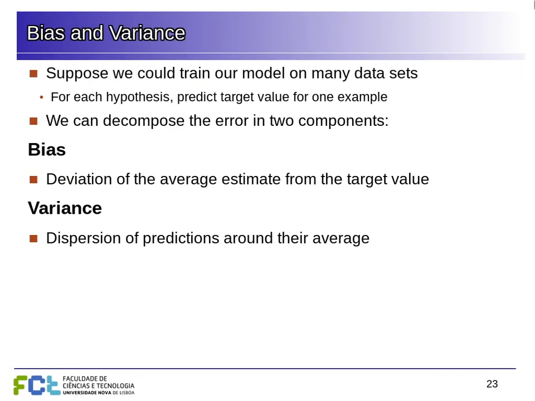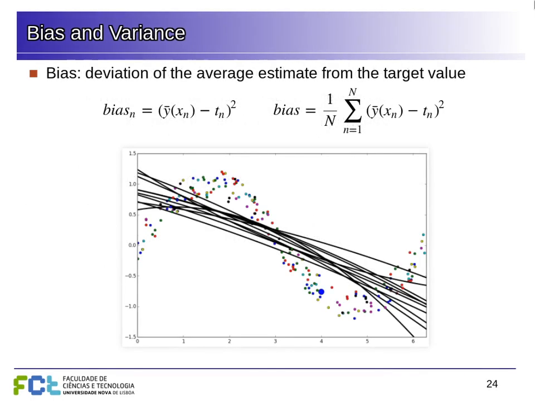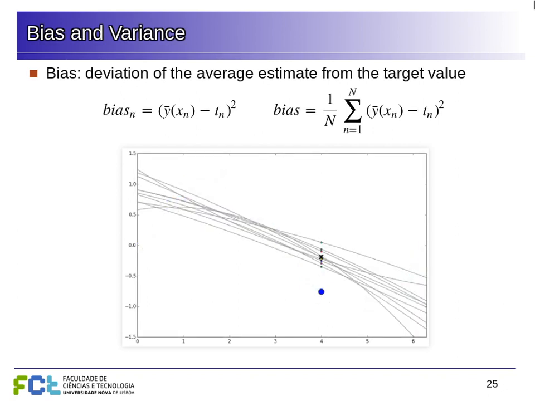So these concepts of bias and variance, the bias is an average deviation between the predictions and the target value. So this means that if we have a model, we train it on different data sets, we obtain different hypotheses, and we look at the predictions of those different hypotheses for that model, we have a high bias when the average of the predictions for some particular point all have a distance to what we wanted to predict.